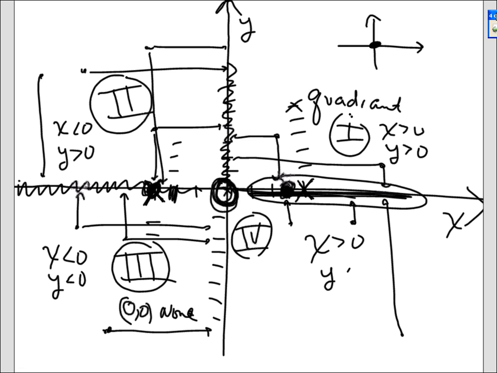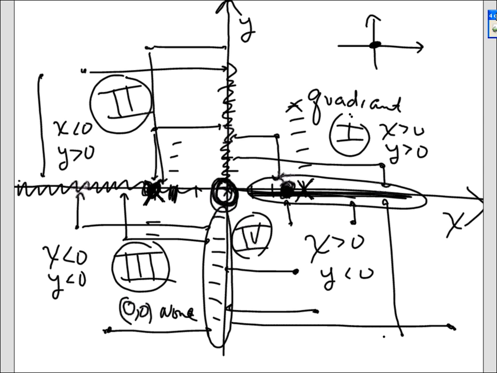But the y values are negative because the y values all come from those numbers. This y value comes from there. This y value comes from there. This y value right way over here comes from that y value. They're all negative.